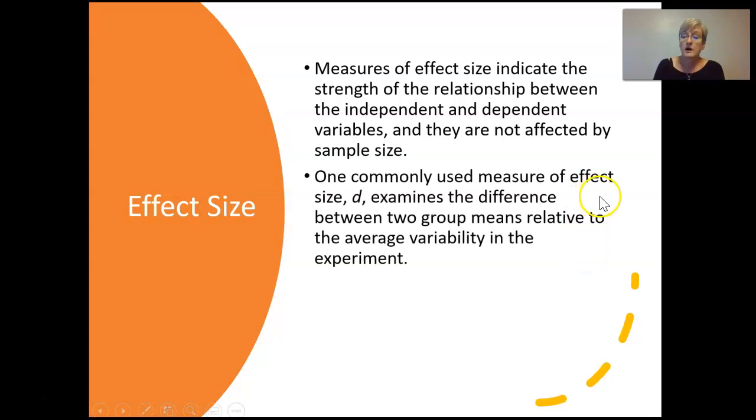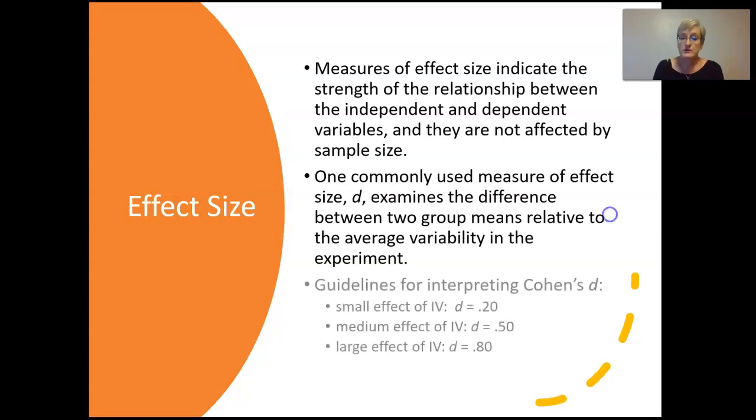So one of the more common measures of effect size is referred to with the lowercase d, Cohen's d. It allows you to look at the difference between two groups and average the variability as you're doing so. There are some typical guidelines for what we expect to see.